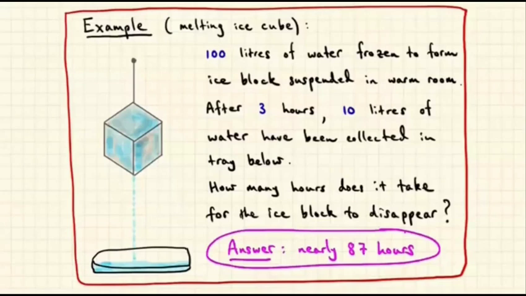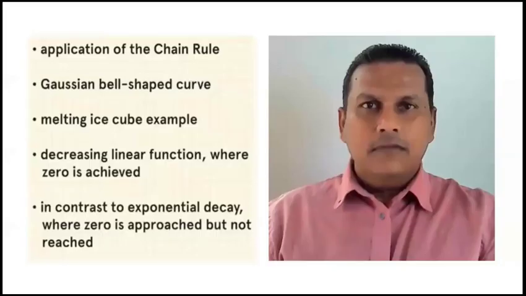This is in contrast to exponential decay models, where the amount of the given substance tends towards 0, in fact very rapidly, but never actually reaches 0. In the case of our melting ice cube, the width turns out to be a decreasing linear function of time.